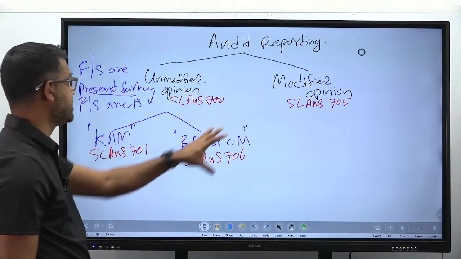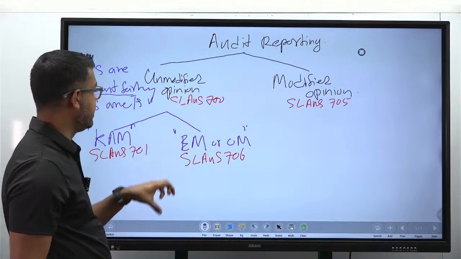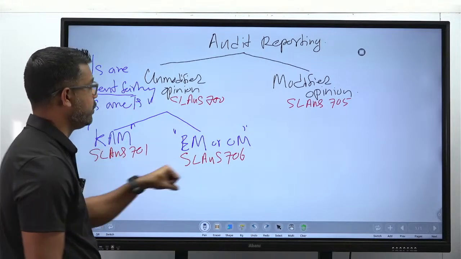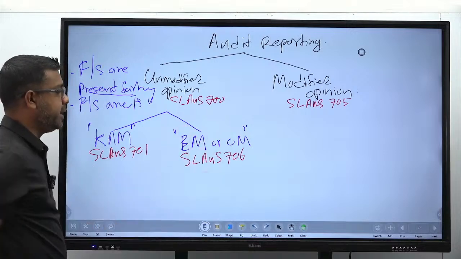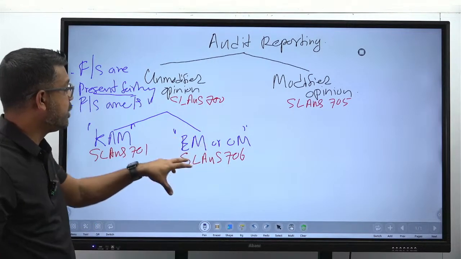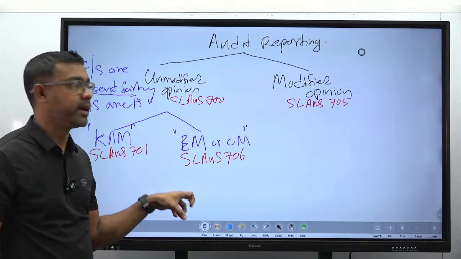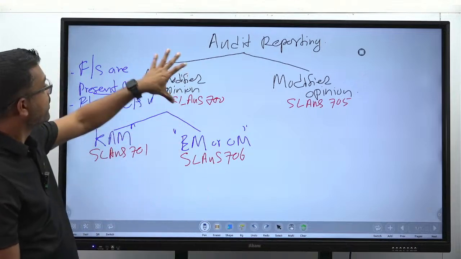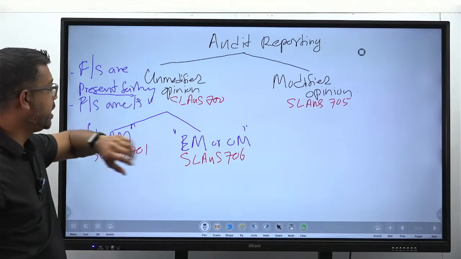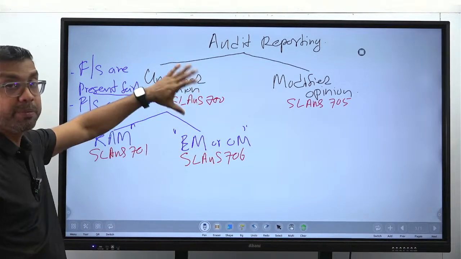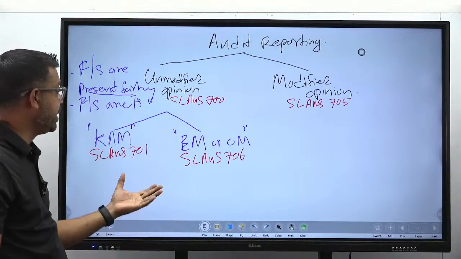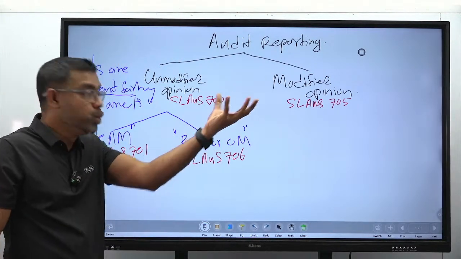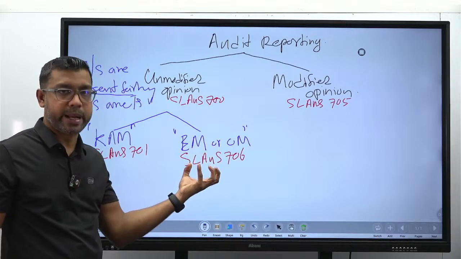Now we have four standards: SLAUS 700, 706, 705 and 701. So, emphasis of matter and other matter paragraph. When you include an emphasis of matter paragraph or other matter paragraph, that comes under unmodified opinion. By including these two, it will not modify your audit opinion. It's still an unmodified opinion, but you are trying to bring users' attention to this paragraph.